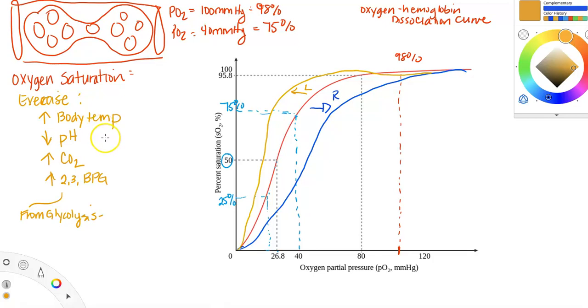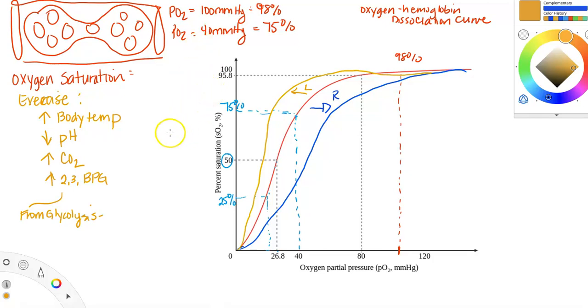BPG again is a constituent that comes from glycolysis, and remember, blood cells only get their fuel from glycolysis. They don't use any of the oxygen that they move around for tissues for themselves for fuel.